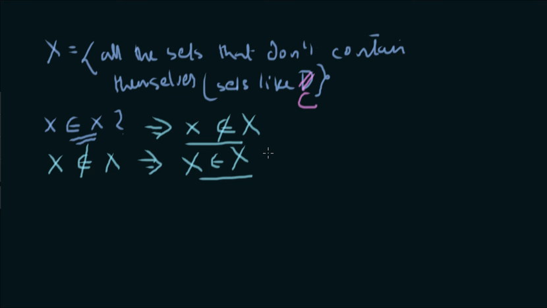To resolve this paradox, as a response to this, mathematicians developed axiomatic set theory. This was primarily developed by two people called Zermelo and Fraenkel, and many others also came up with their own set of axioms which can basically prevent this paradox from taking place.